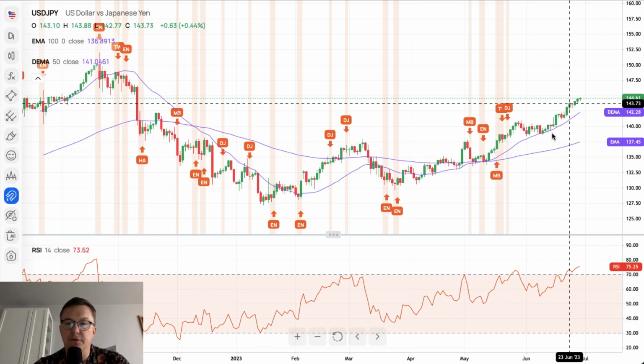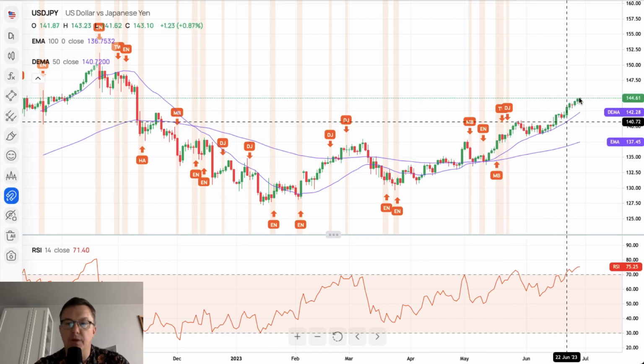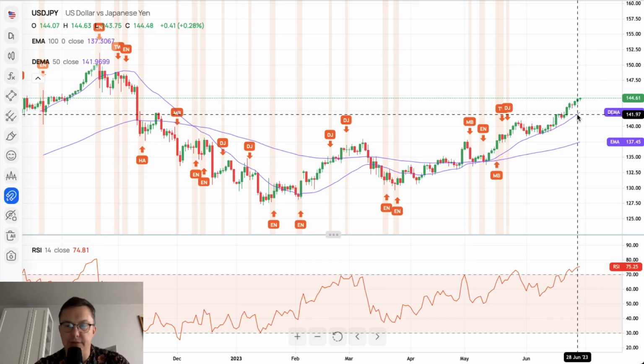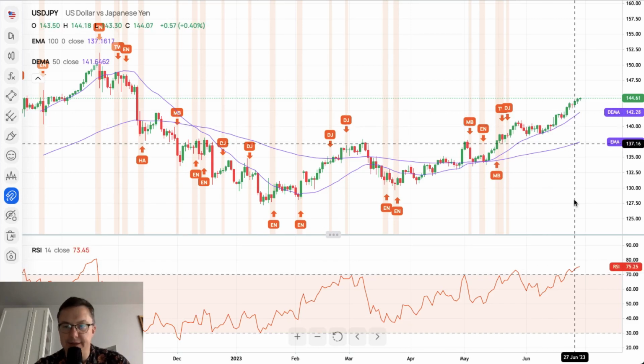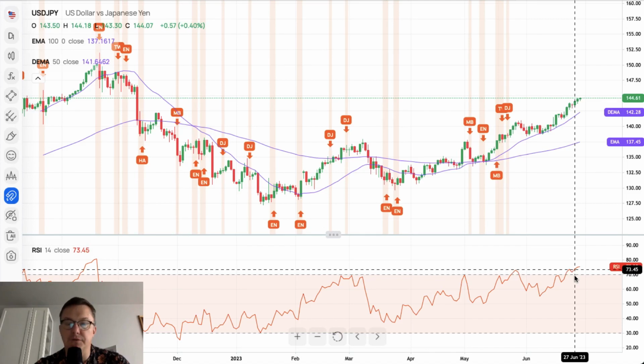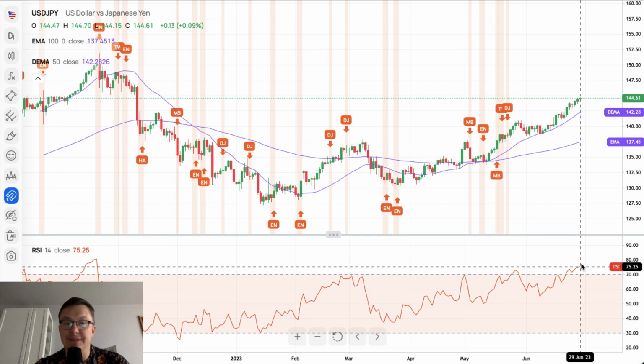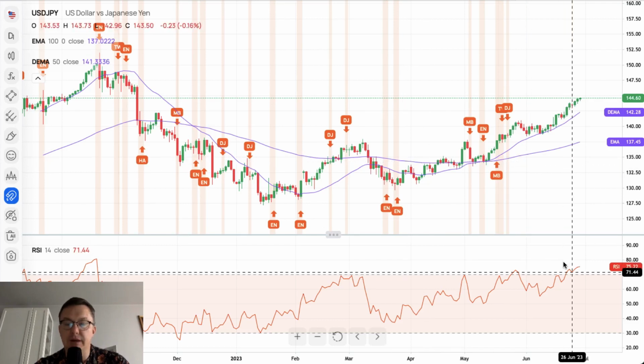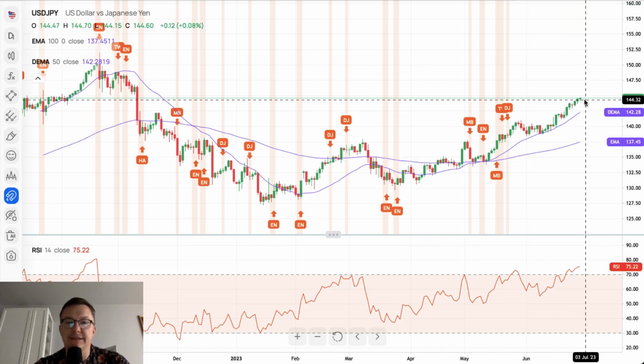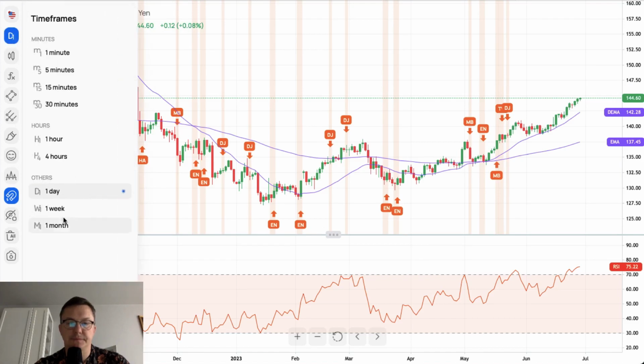Again, plenty of green candles. We are still above the 50 periods moving average, and despite the extremely overbought conditions, the market is still trying to go up.